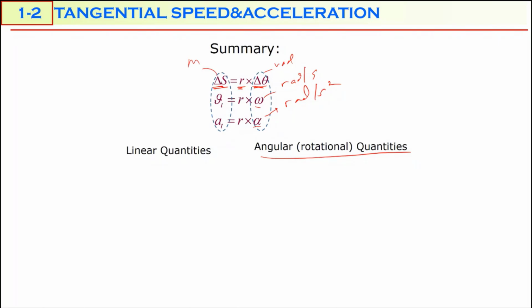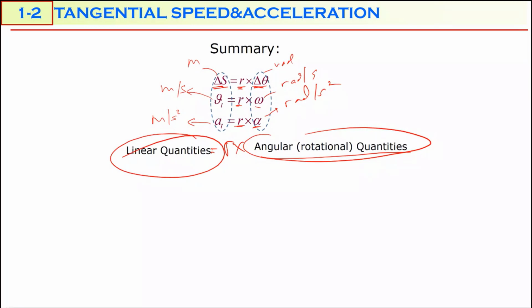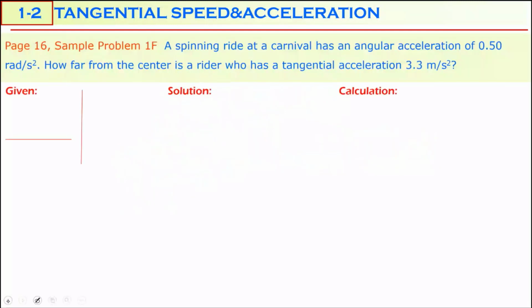If you multiply angular speed by radius, you calculate tangential speed, meter per second. It's a linear speed. If you multiply angular acceleration by the radius of the circle, you calculate the tangential acceleration, which is also a linear quantity, meter per second squared. So multiply angular quantities by r, and you always calculate the linear or tangential quantity along this circular path.